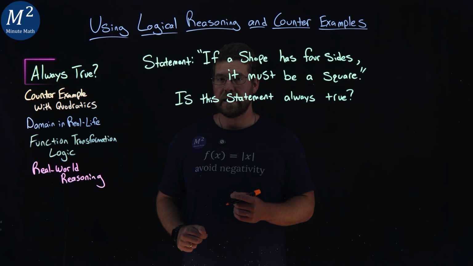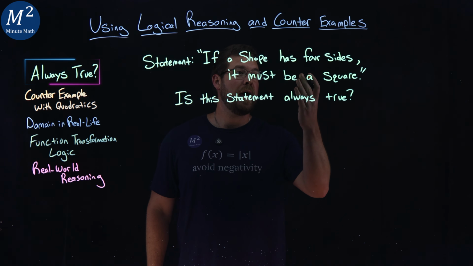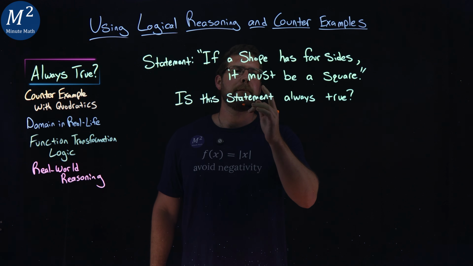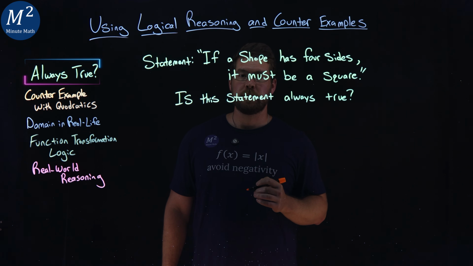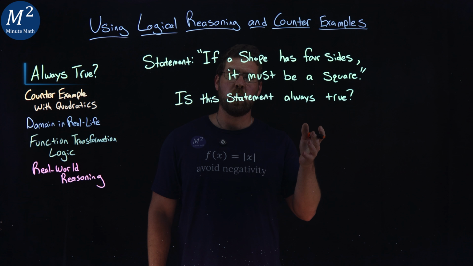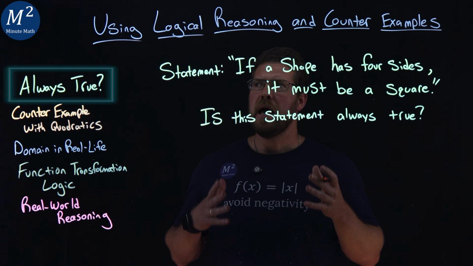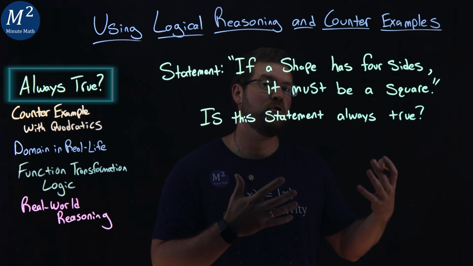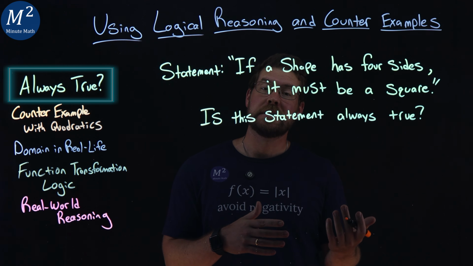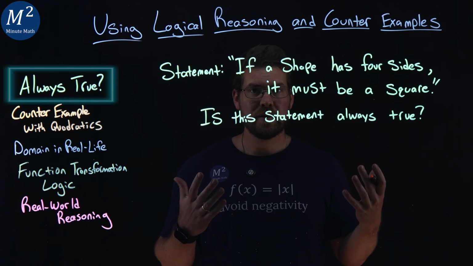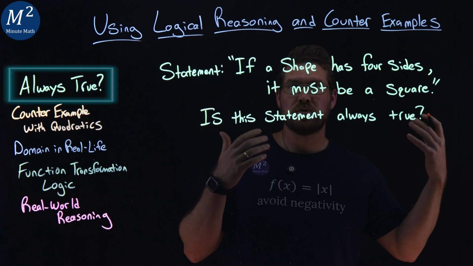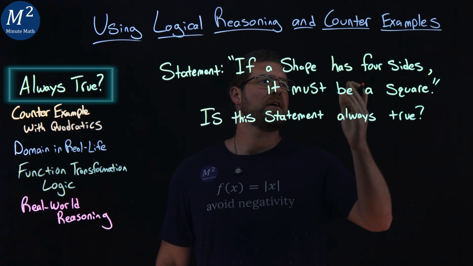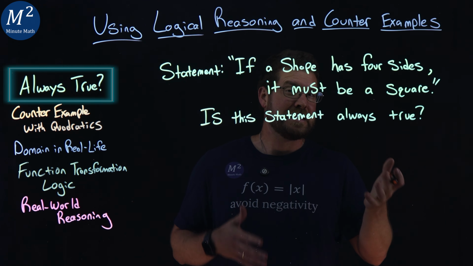Consider this statement. If a shape has 4 sides, it must be a square. Is this statement always true? And the key thing here is, is it always true? If we can find a counterexample where it's not true, just one, then we can say, no, it's not always true. And so, if a shape has 4 sides, it must be a square.